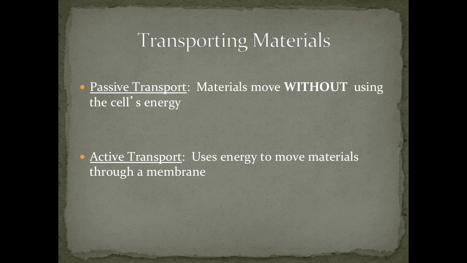Again, the cell membrane's job is to allow certain things in and certain things out of a cell. It controls what enters and leaves that cell. So passive transport and active transport are talking about the use of energy or no use of energy to allow those materials to leave or enter a cell.